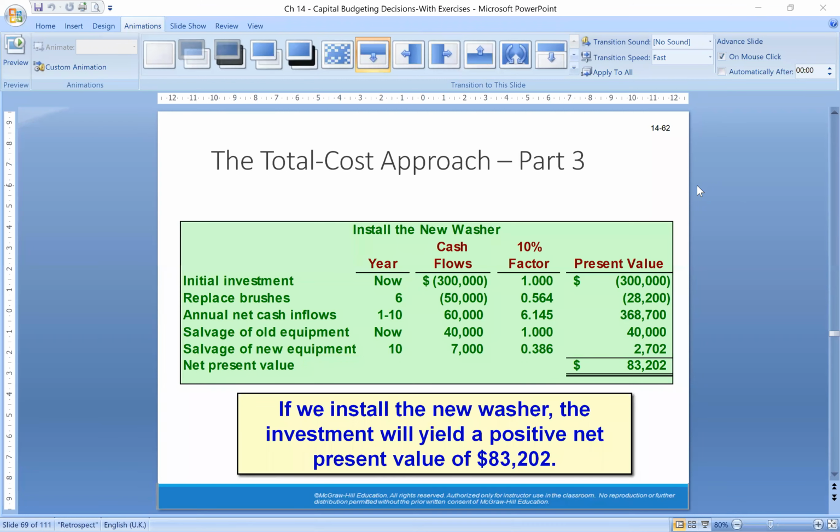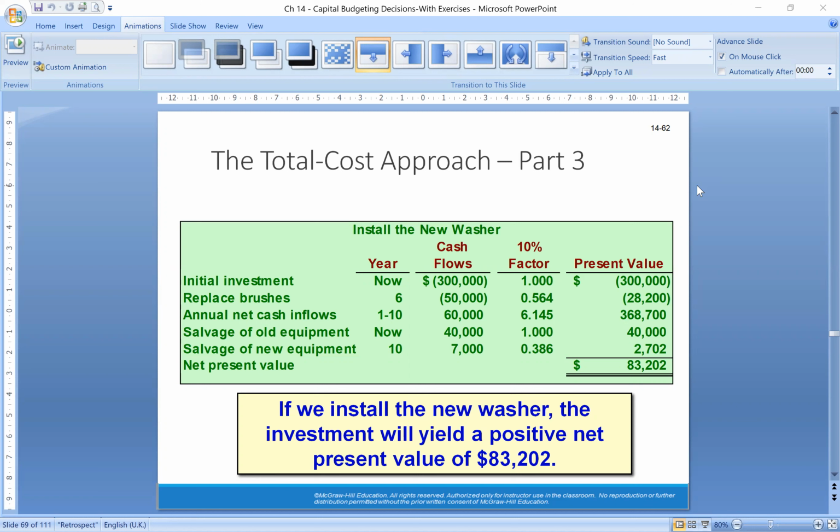Annual net cash inflows from year 1 to 10: I'm receiving these cash inflows 10 times. Each year I'm receiving 60,000, given in the question, multiplied by the annuity factor, equals 368,000 something. Salvage of the old equipment will be received now, so 1 multiplied by 40,000.